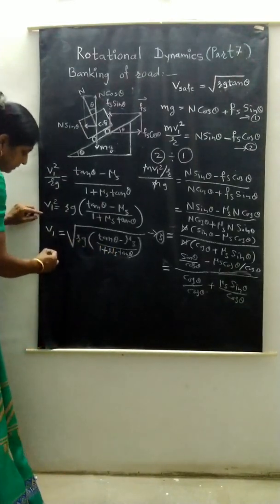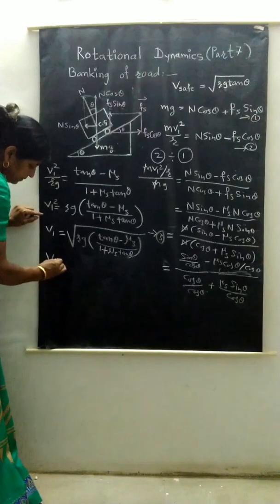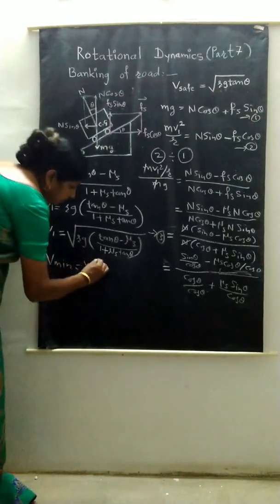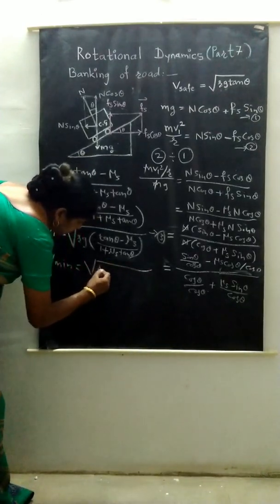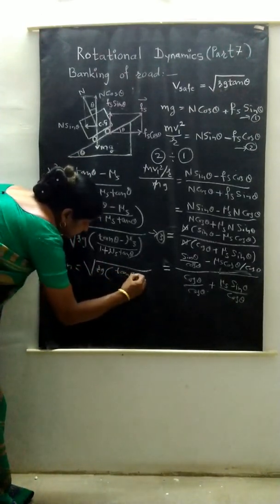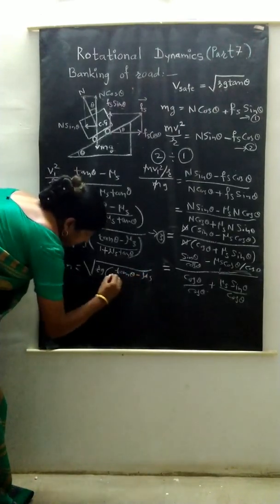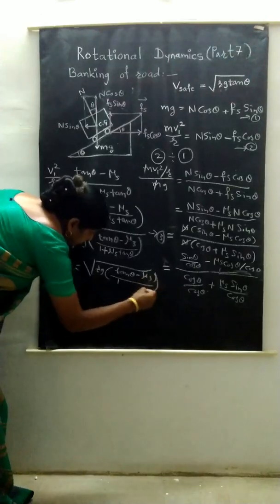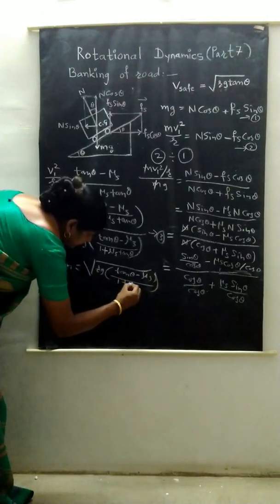So V minimum is equal to under root of rg in bracket tan theta minus mu s divided by 1 plus mu s tan theta.